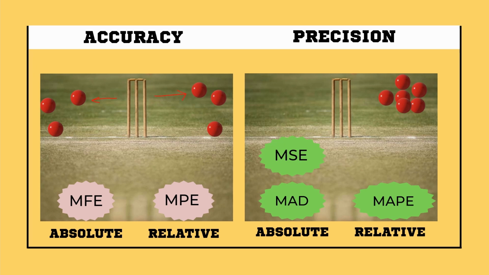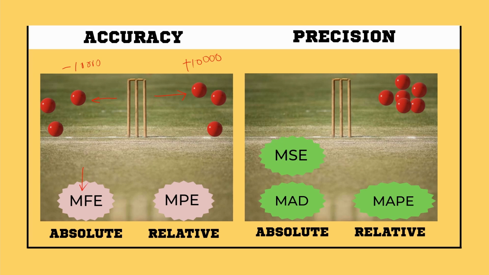Now these deviations can be as large as possible. For example, the forecast error can be minus 10,000, suppose. All you need is a plus 10,000 in order to see your MFE value equal to 0.